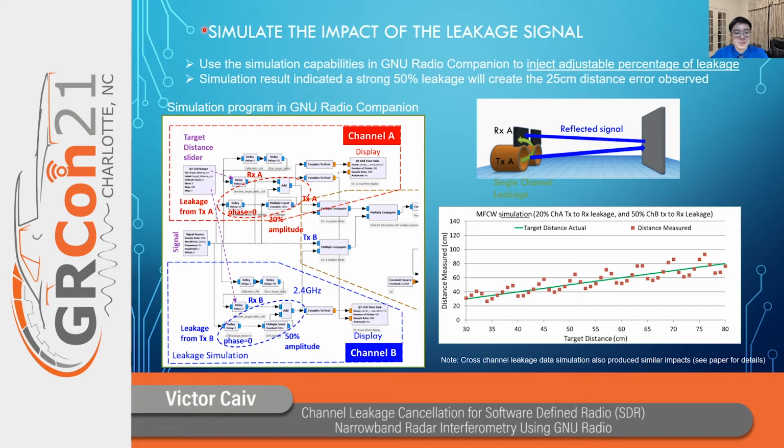So here's how we simulated the impact of a leakage signal using the GNU Radio Companion. We added a portion into our code where we're injecting an adjustable percentage of transmit leakage into each receiver. So we're taking this transmit signal and adding an adjustable percent of amplitude and an adjustable phase of it into the receive in the simulation.